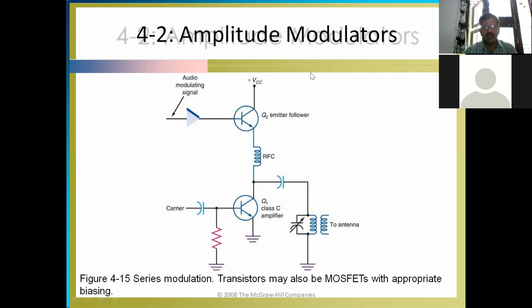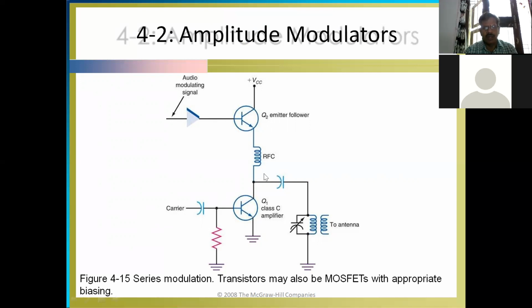So that is the circuit diagram for series modulation, in which the audio modulating signal is applied to the Q2 transistor, and the emitter terminal of this transistor is connected to the collector of the transistor Q1, and the carrier signal is applied across the transistor Q2.